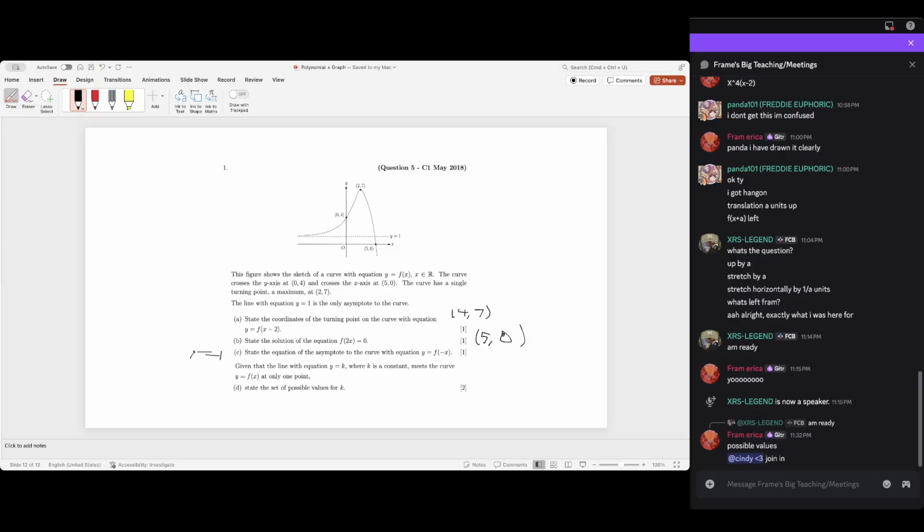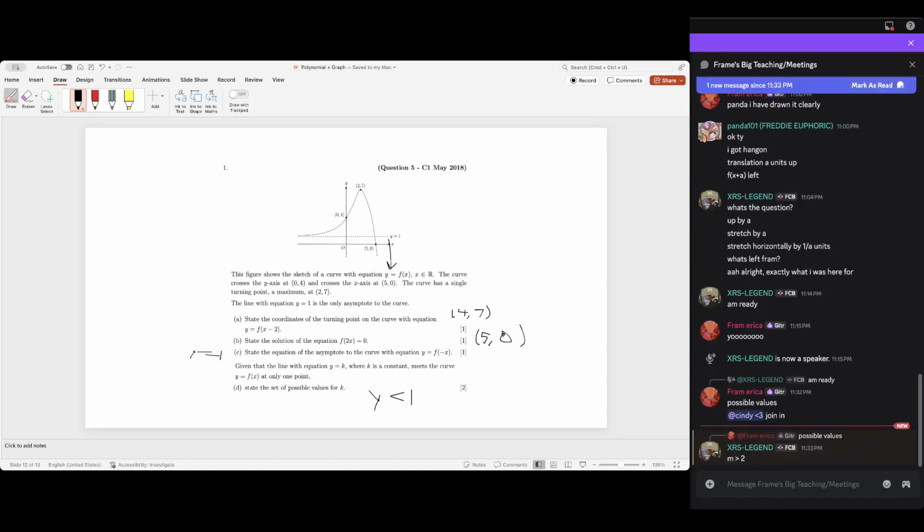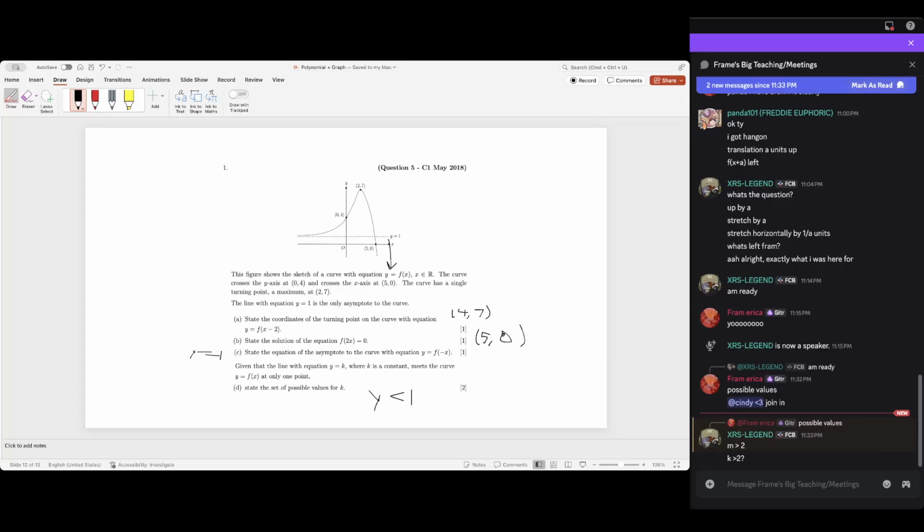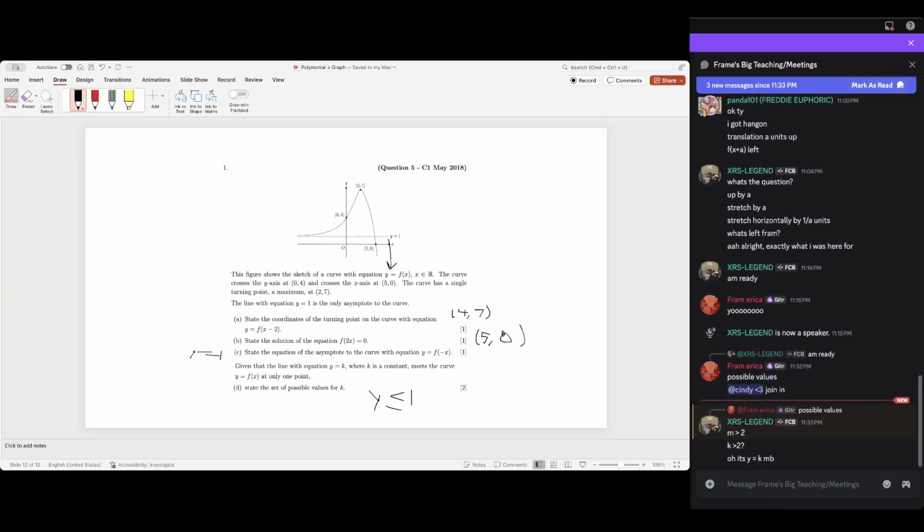So the possible values. The line meets on only one point, and then y is equal to k.